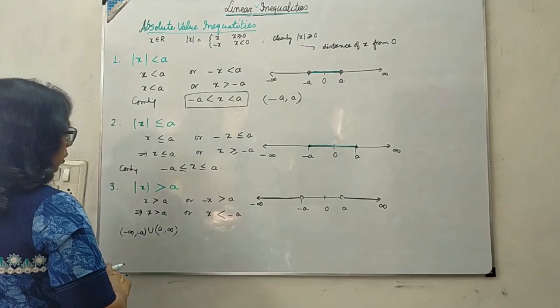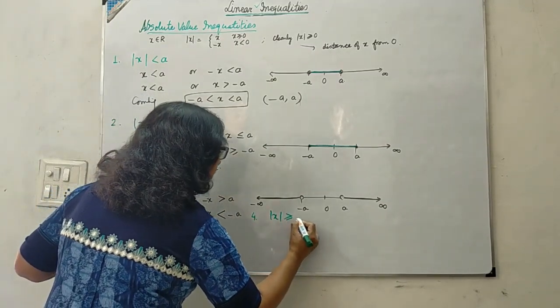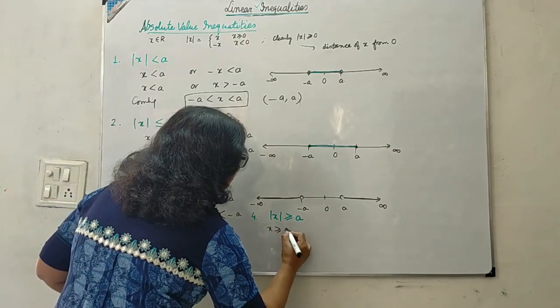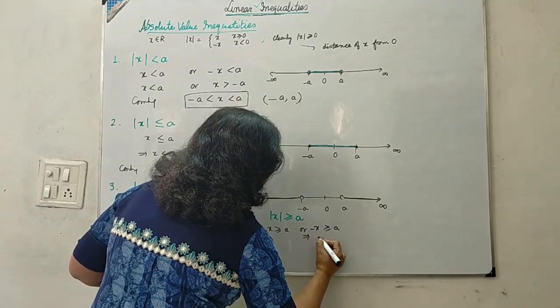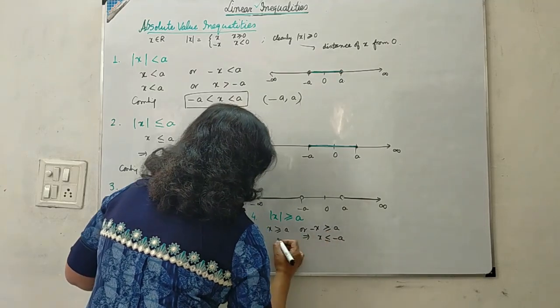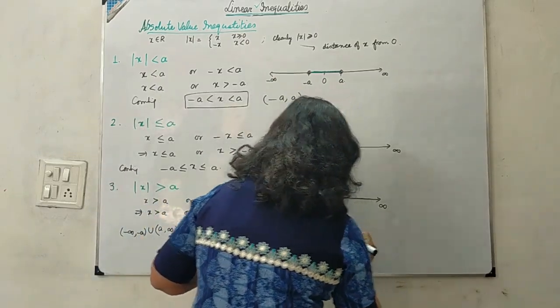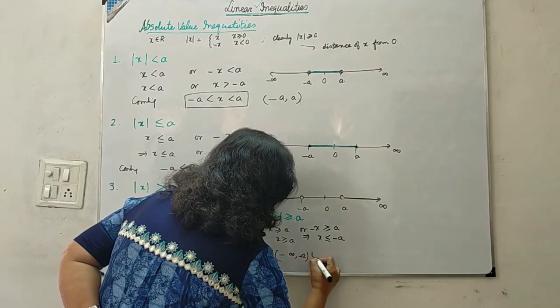And now the fourth part, we have modulus x greater than or equal to a. Then again we have x greater than or equal to a or minus x greater than or equal to a. That means x less than or equal to minus a and x greater than or equal to a. So combining this, we have the result minus infinity to minus a union a to infinity.